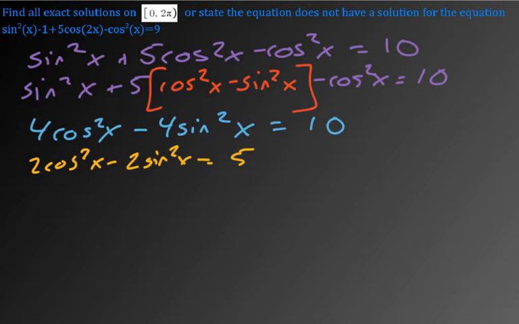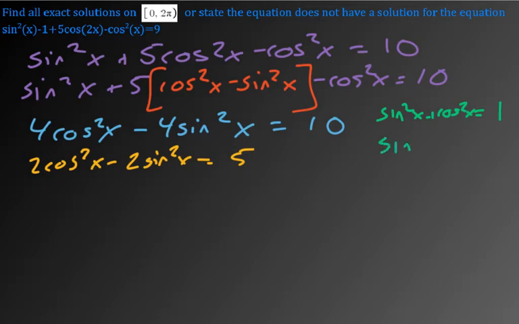And then, we have a cosine squared and a sine squared. I can simplify that even more if I use the Pythagorean identity. So basically, since sine squared x plus cosine squared x equals 1, let's take the sine squared out.